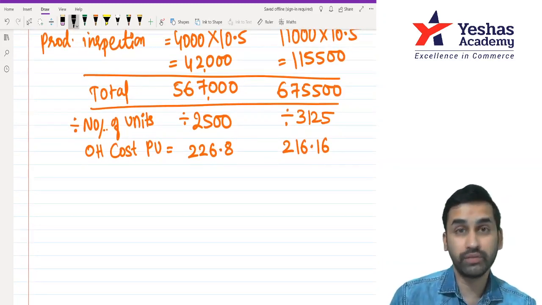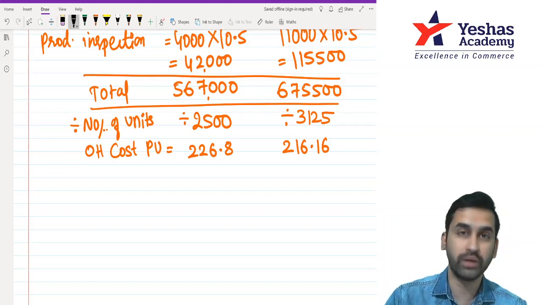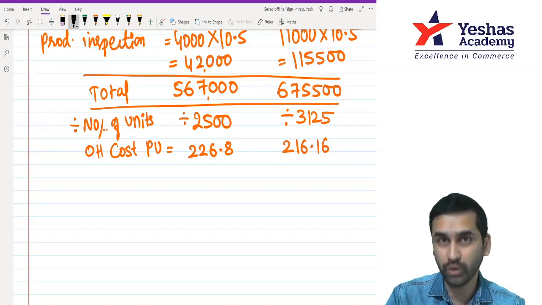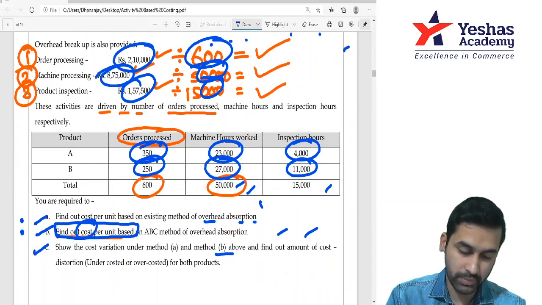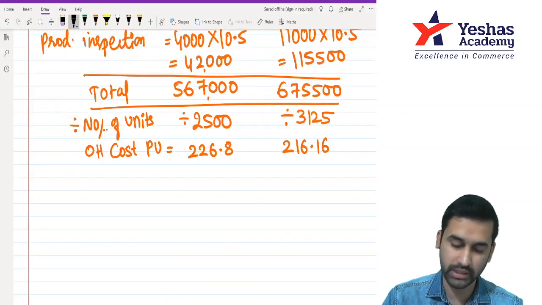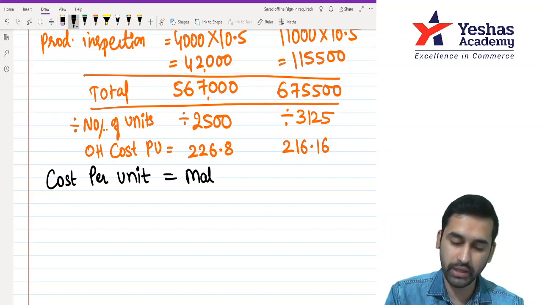Sir, is this the end of the answer? No, we only calculated overhead cost per unit. But what is asked in the question is not just overhead cost per unit, they said cost per unit. That means material, labor plus the overhead that you did just now. Cost per unit is material plus labor plus overhead.